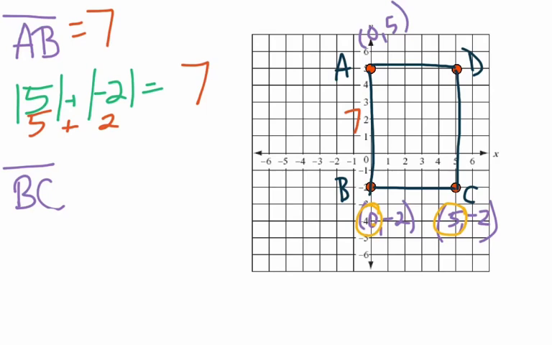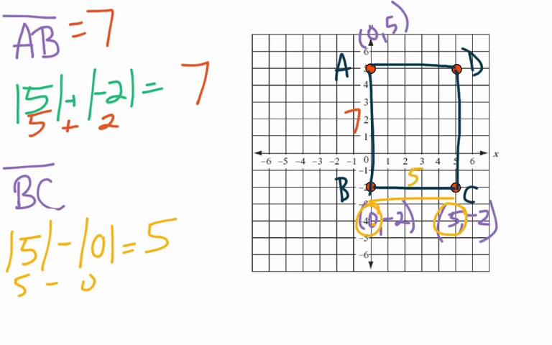Hopefully you can notice that the length of this line would be 5, but just to show you how that works out too, the absolute value of 5, and then you can either add or subtract because it's just going to be the absolute value of 0, which means that 5 minus 0 is 5. The length of BC is 5.